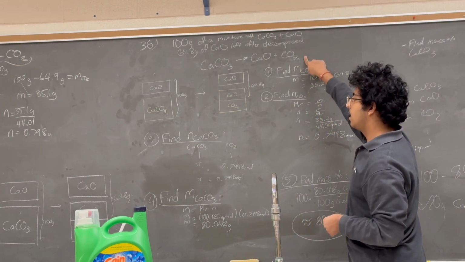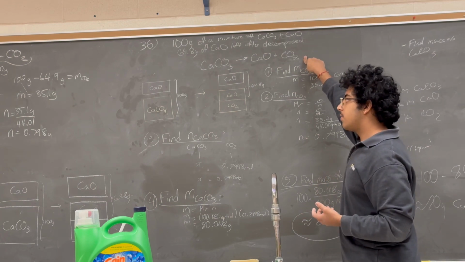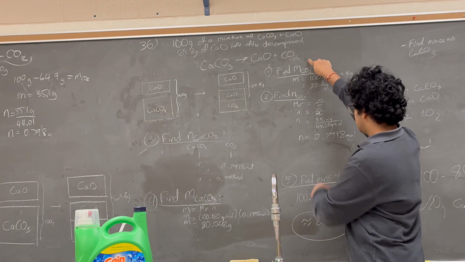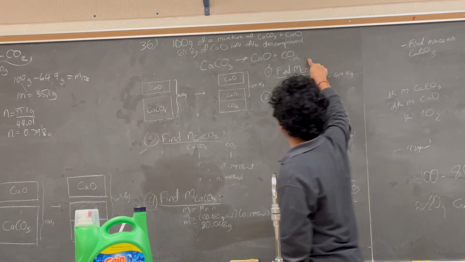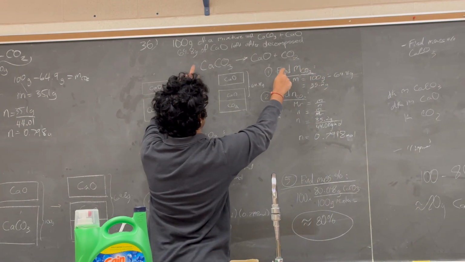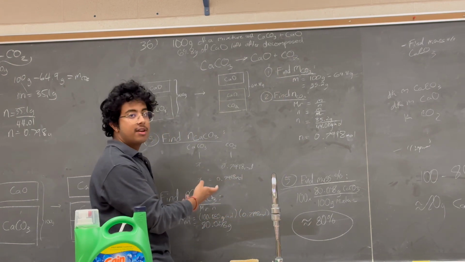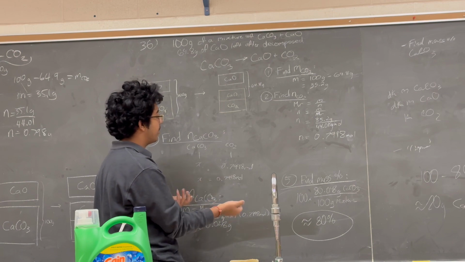Now, we want to find how much calcium carbonate is needed to produce 0.7998 moles of this. And the ratio is 1 to 1. So that's really simple. That means we had 0.7998 moles of calcium carbonate.